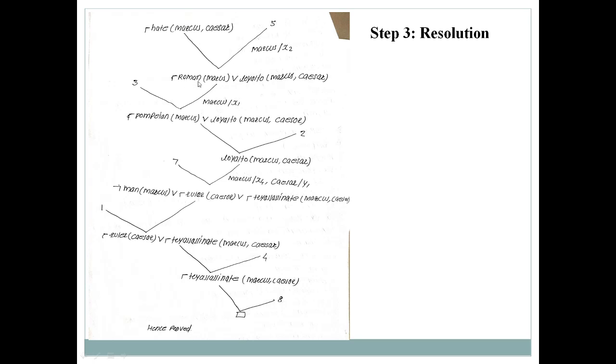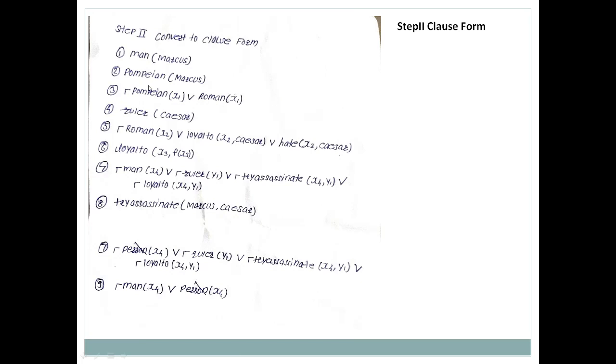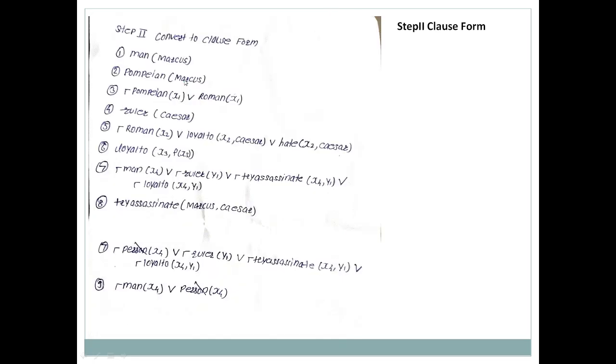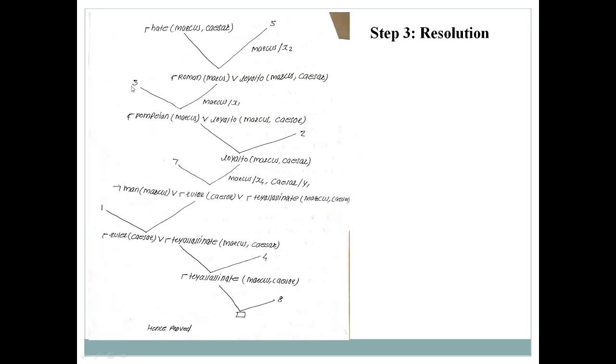Now again we have to look for cancellation of a term. Again we check the clause form, Roman and loyal to. Here you will find positive Roman, because in our statement negative Roman is there, so we can equate it with statement number 3. That's why we have written 3 here.